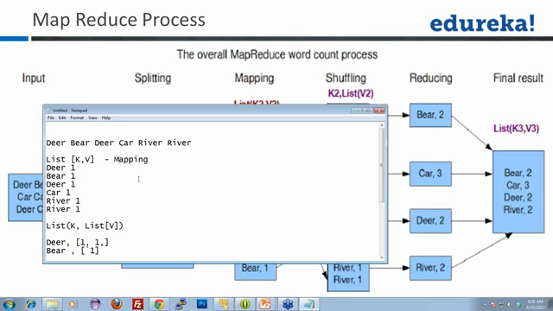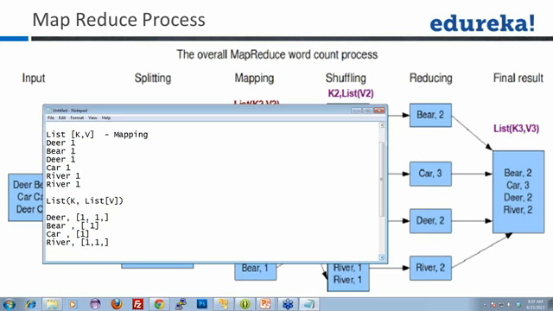In this mapping process, wherever you saw some occurrence, you kept on adding this. So what you got was a list of key and values, right? Now, next step, after mapping, you did a shuffling and sorting and you got all these together. So this is the shuffling and sorting process.